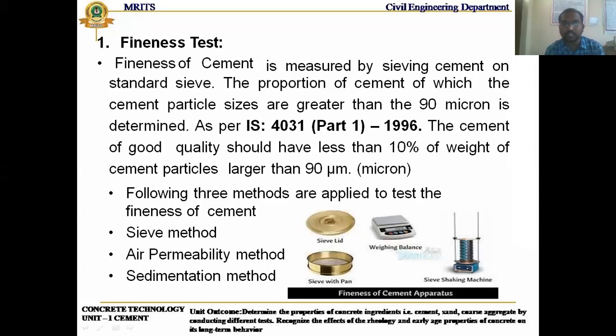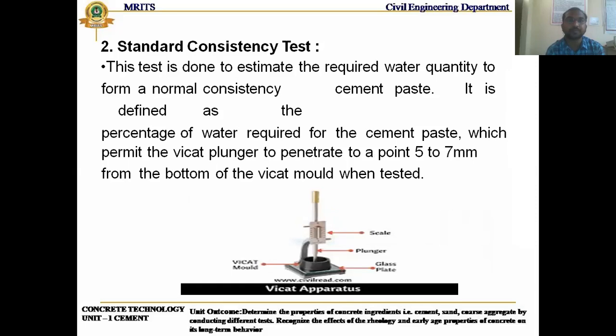After shaking, we take the sieves out, separate them, and weigh the retained particles using the weighing balance. The amount retained on the sieve is of the size of that sieve. In that way we can determine the fineness of the cement by the sieve method.